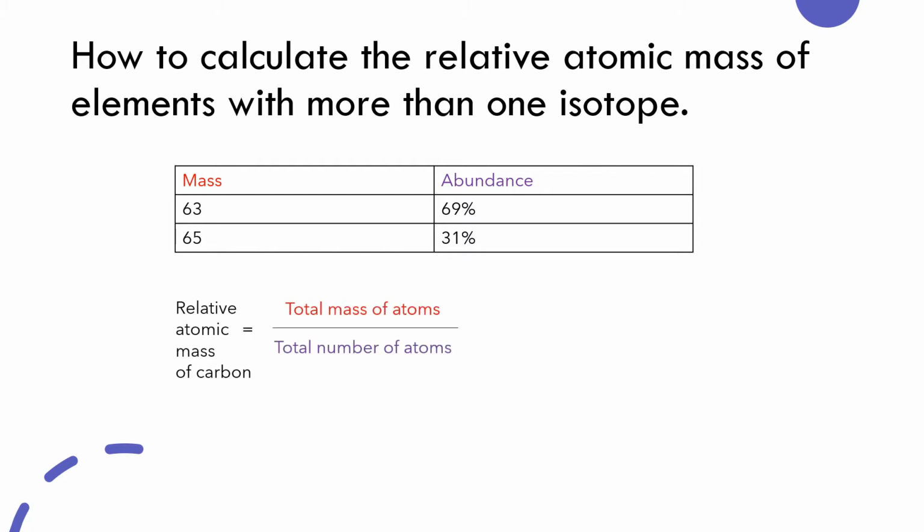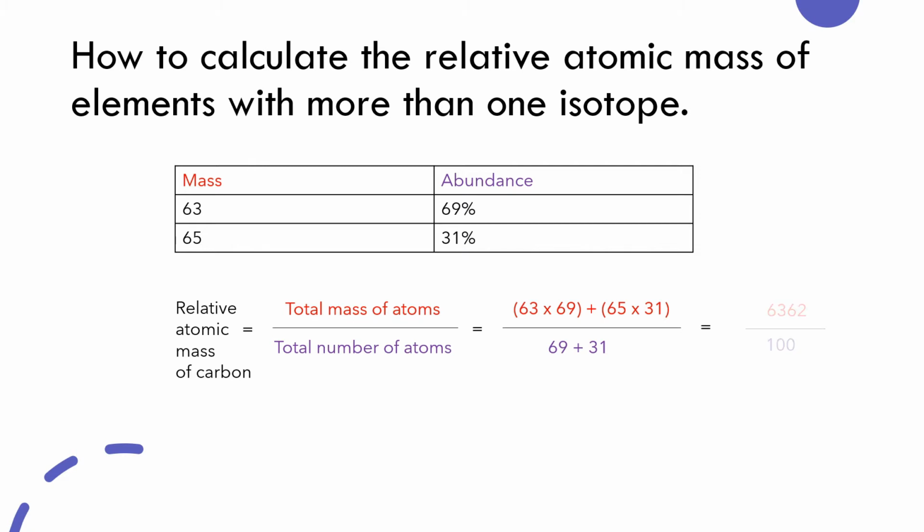The top half of the equation is the total mass of atoms, and the bottom number is the total number of atoms. To work out the total mass of atoms, you use the mass of one isotope, multiply it by its according abundance, and you add to that the mass of the other isotope times its abundance. The total number of atoms is the total abundance, so you add the two abundances together.